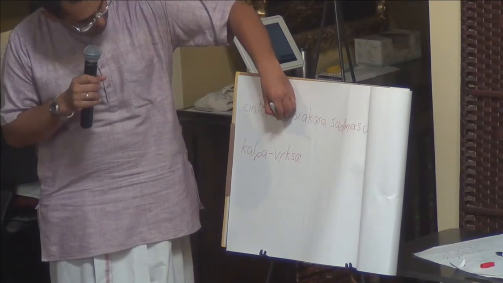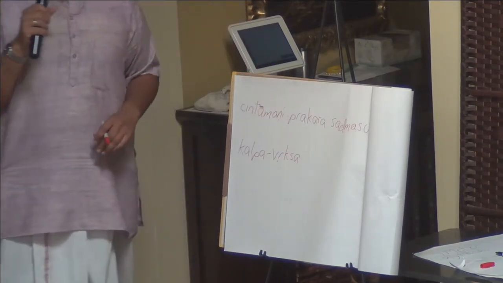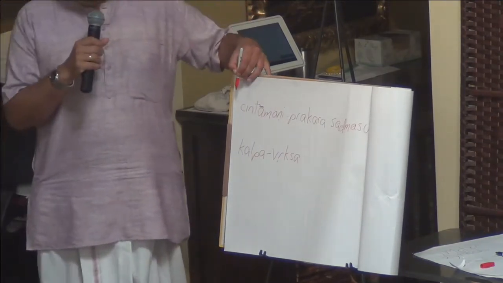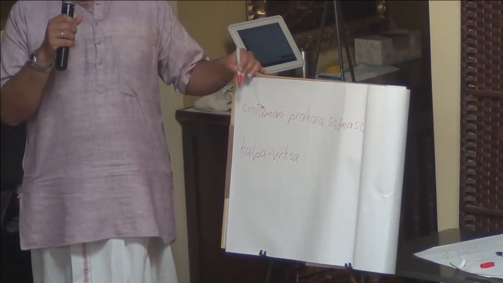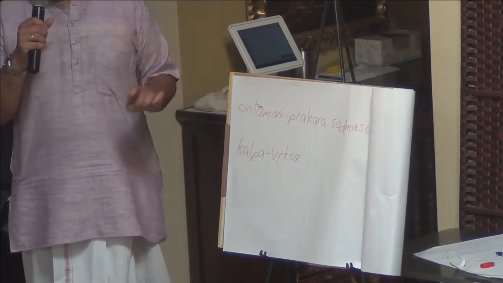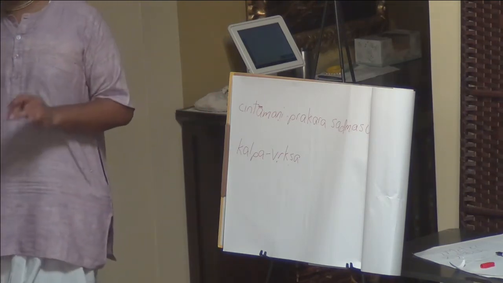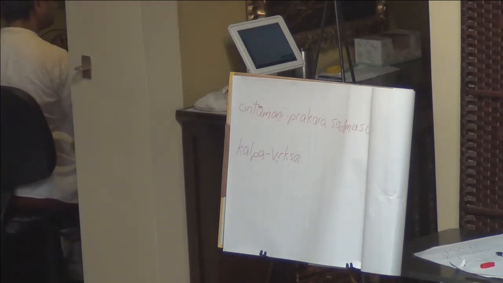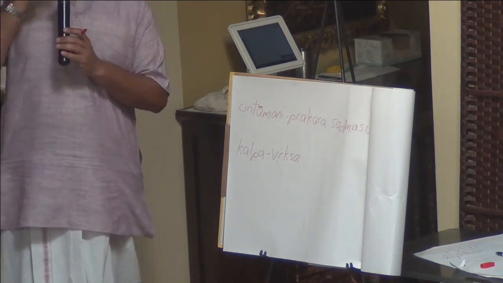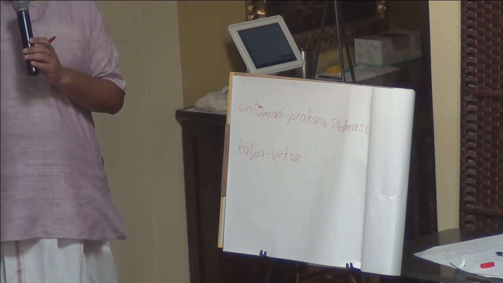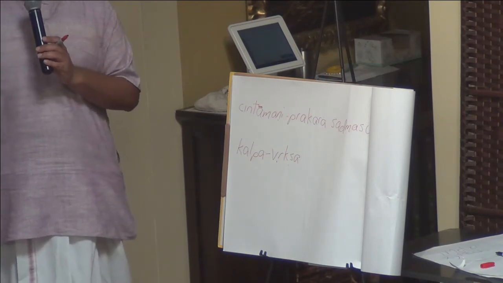Okay, here we go. The first syllable is chint, or chi, right? It's the vowel that counts. So chi, that syllable, is it guru or laghu? So the vowel, is it short or long?